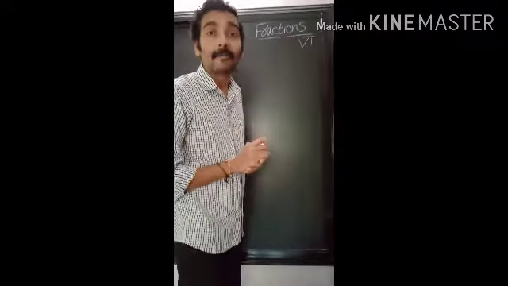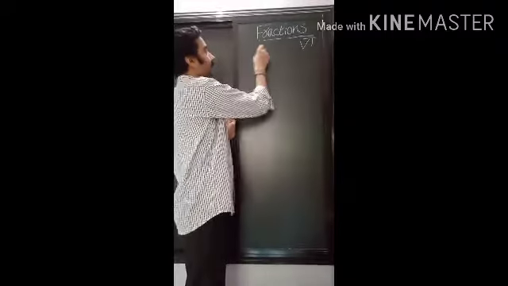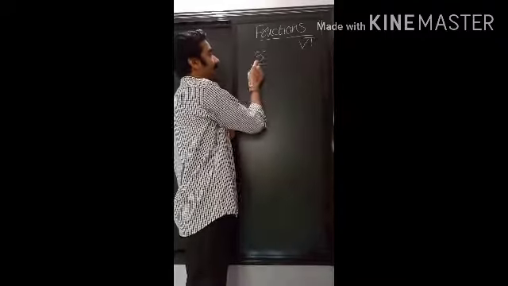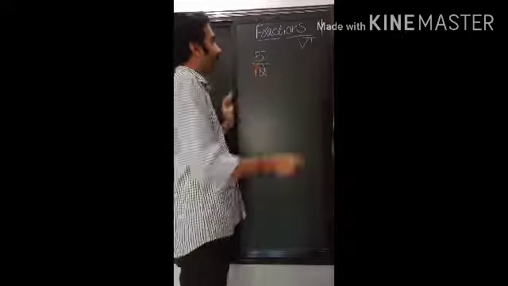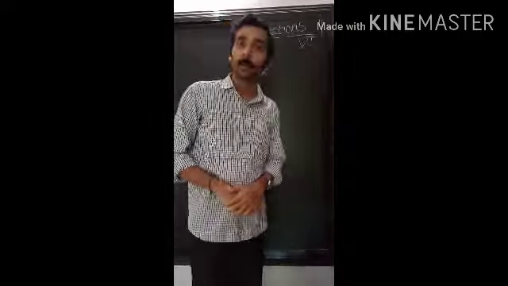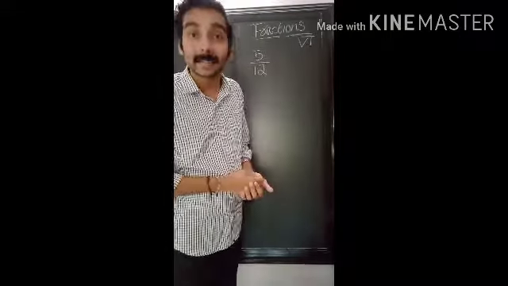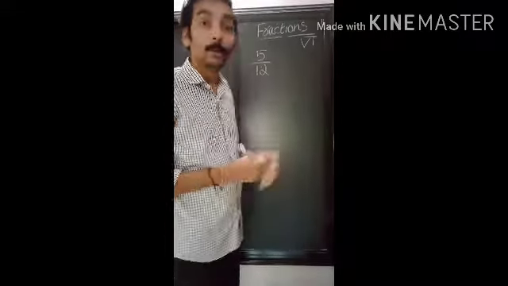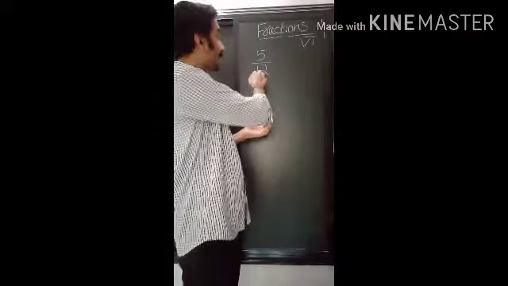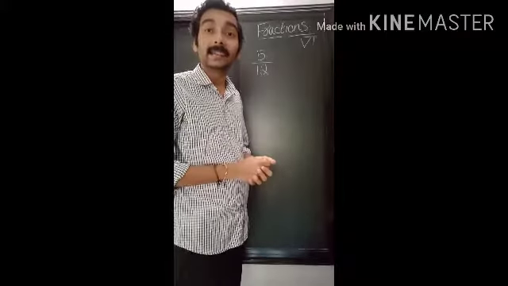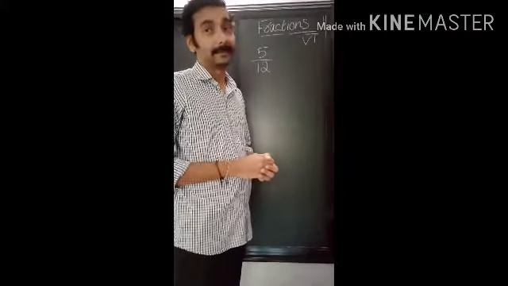An example of a fraction is 5 by 12. 5 by 12. 5 is the numerator and 12 is the denominator.